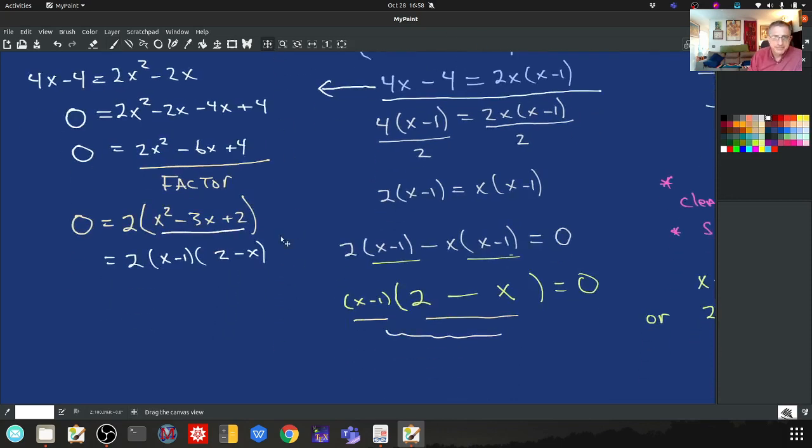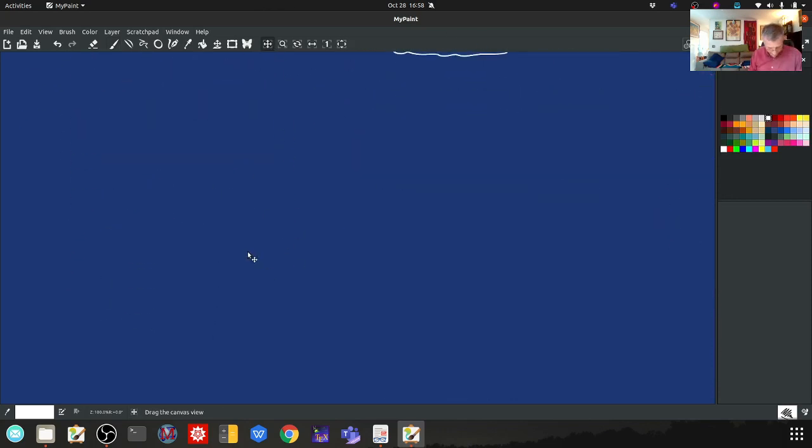Okay, next problem. So the next problem, we're going to add the dreaded adding of rational expressions. So I have x plus 4 over 5x squared minus 17x minus 12.